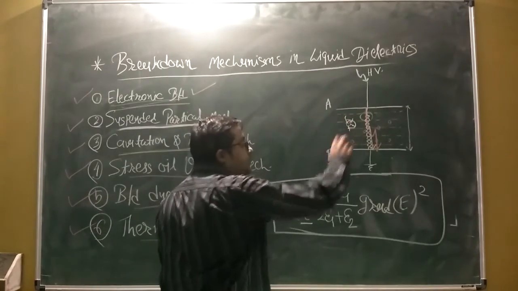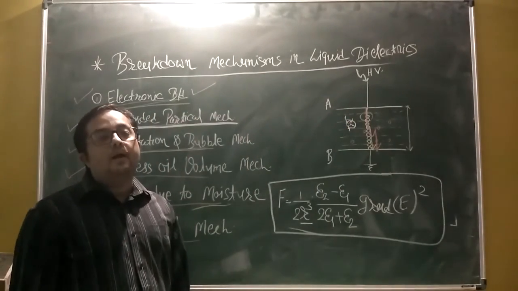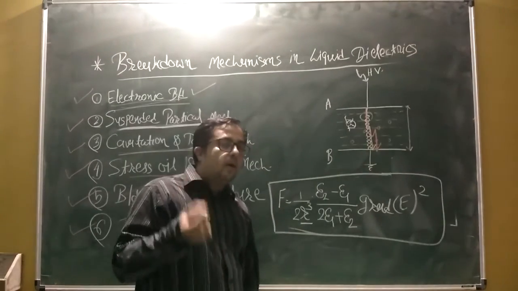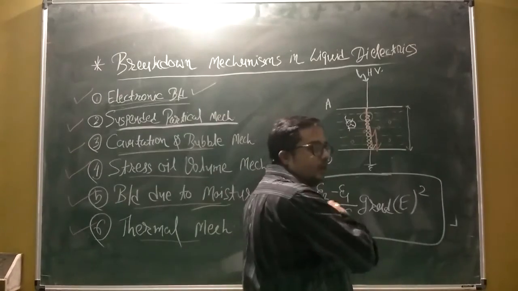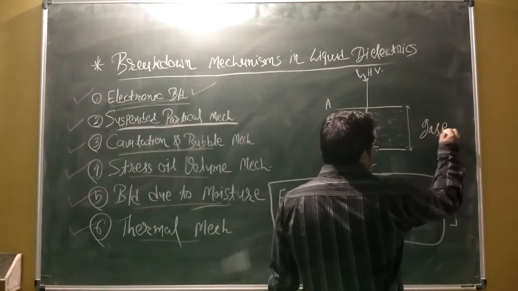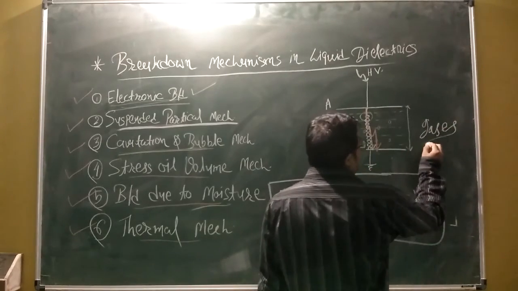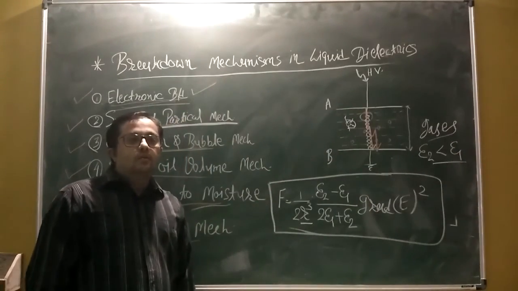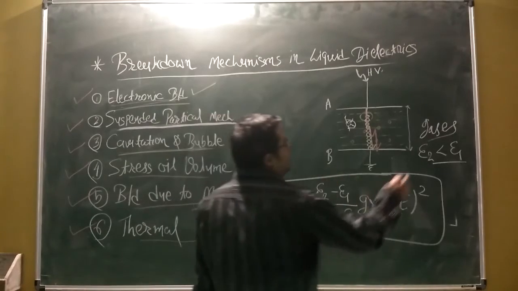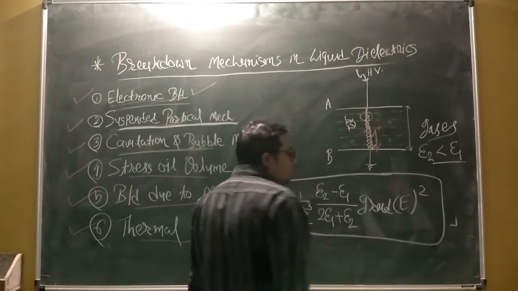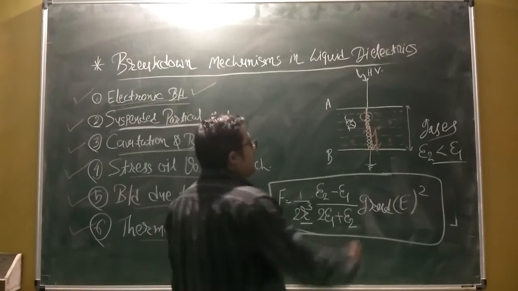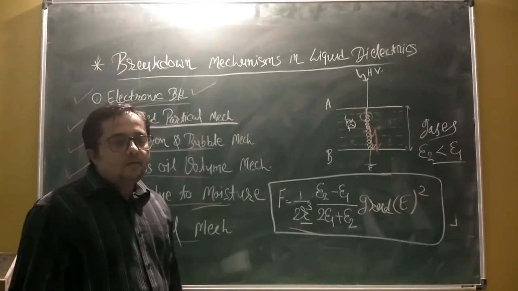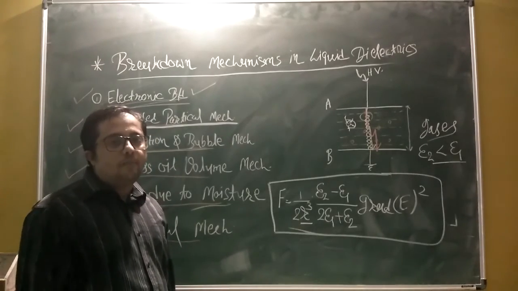It will vaporize the liquid surrounding the particle. The produced spark will heat up the oil, and once the oil gets heated, it will produce gases. And gases, it means epsilon 2 less than epsilon 1. Okay, so generally the bubbles are created which have lower permittivity compared to the permittivity of the oil. So again they will make a kind of stable change after prolonged operation, and finally produce the complete breakdown.